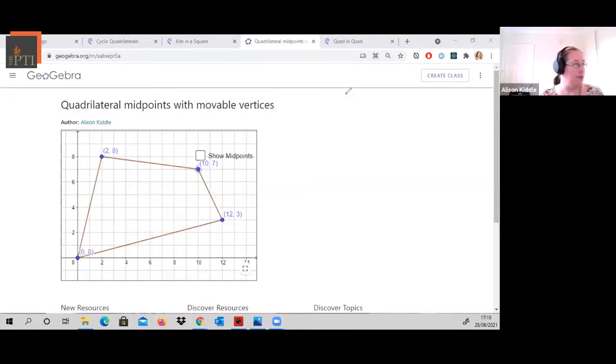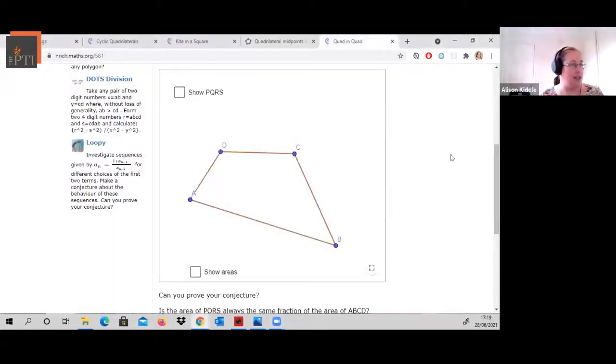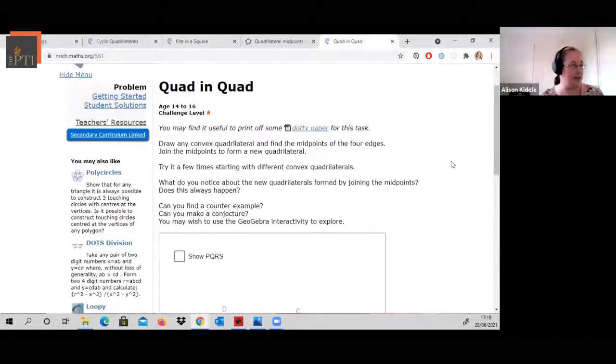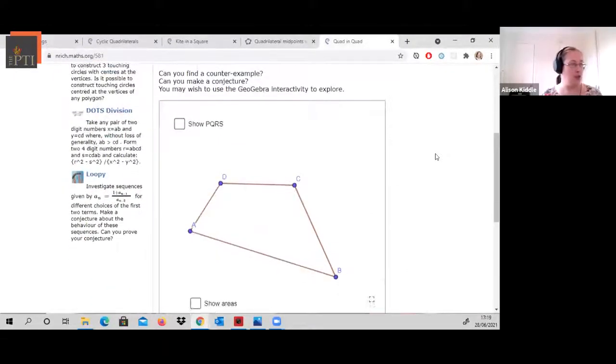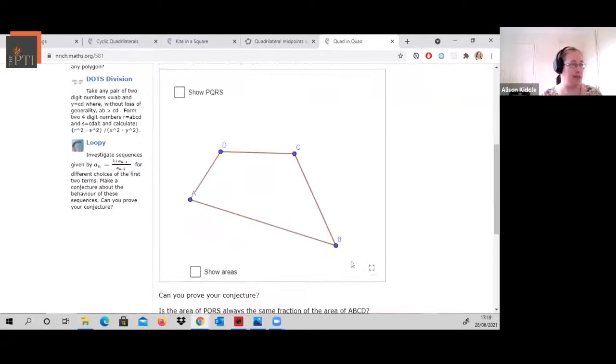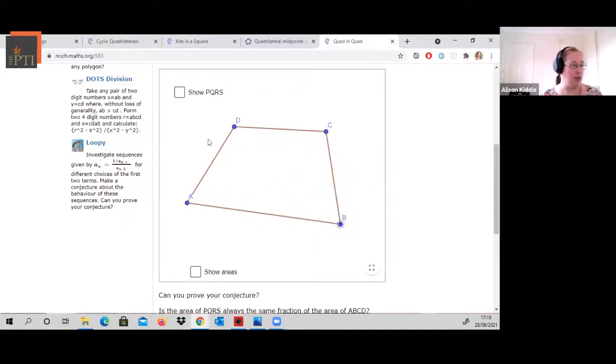However, if we look at this problem on Enrich, there's another version of the interactivity here. And this is going back to that idea again, that you think about a problem differently if you're thinking about it on squared paper as opposed to plain paper. So you can do exactly the same task, but instead of having it on a coordinate grid, now A, B, C, and D are just four completely free points on the grid.